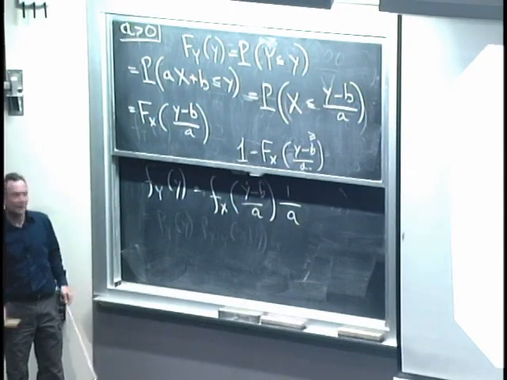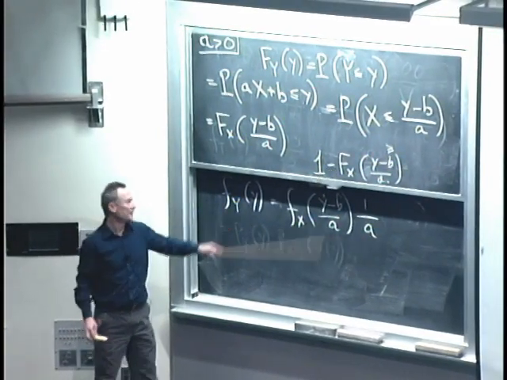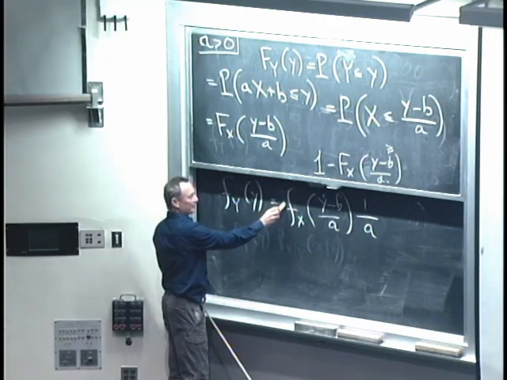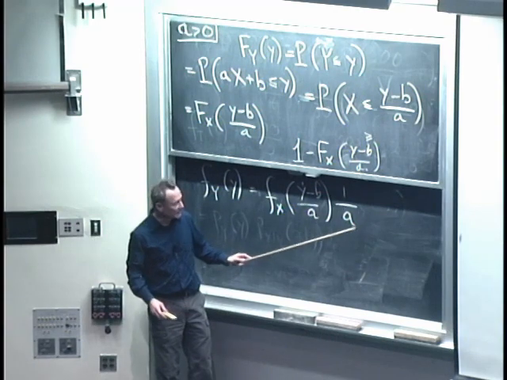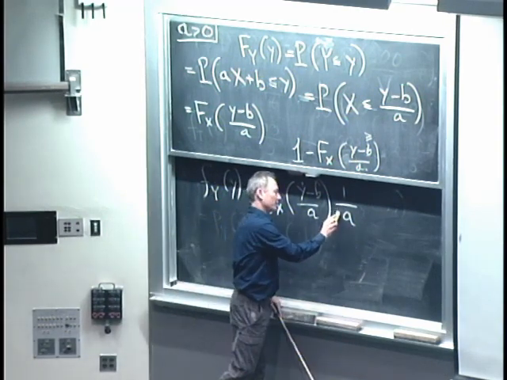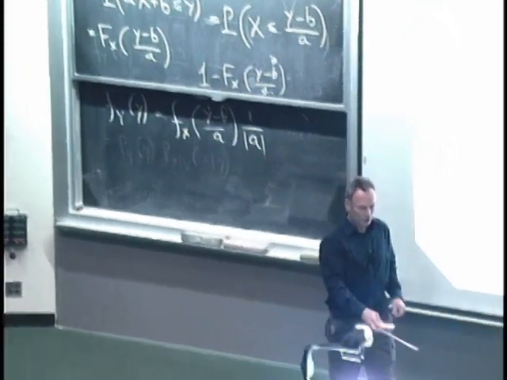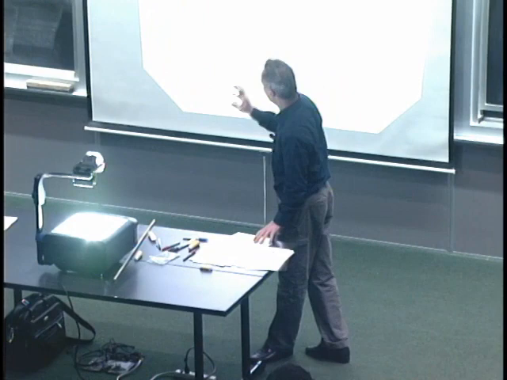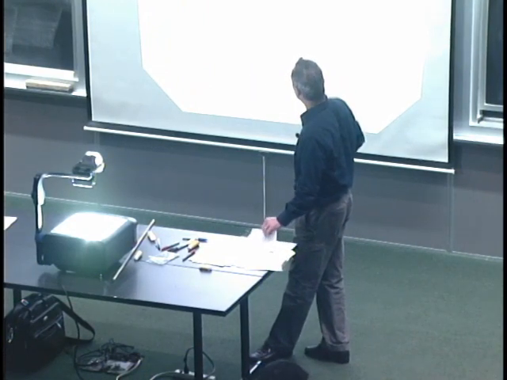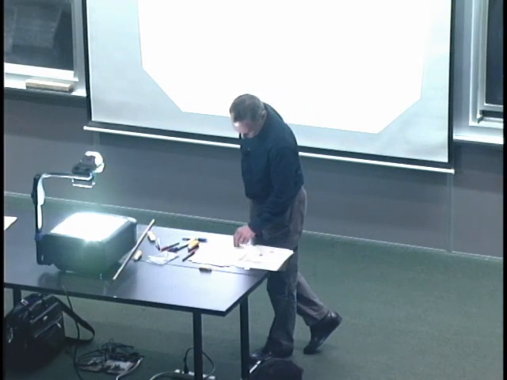And now when you take the derivatives, there's going to be a minus sign that shows up, and that minus sign will end up being here. And so we're taking the negative of a negative number, and that basically is equivalent to taking the absolute value of that number. So all that happens when we have a negative a is that we have to take the absolute value of the scaling factor instead of the factor itself.